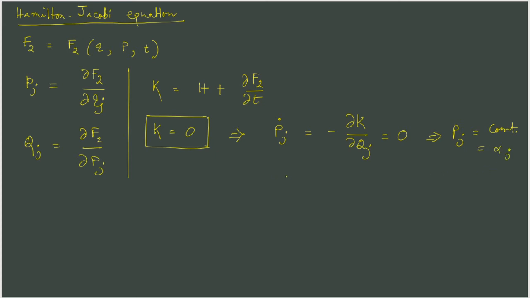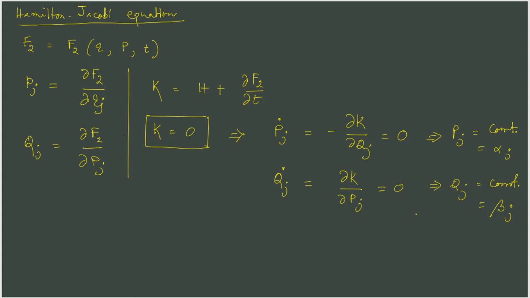And similarly, because K is 0, the other generalized coordinates, the Q's, will also be constant, and we will call them betas. So we see that if we choose F2 carefully, then we can ensure that the new Hamiltonian vanishes.